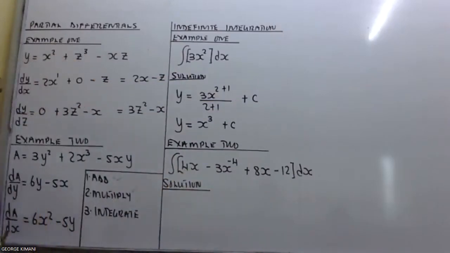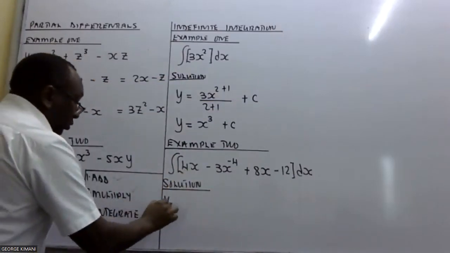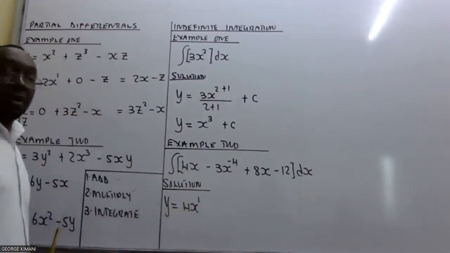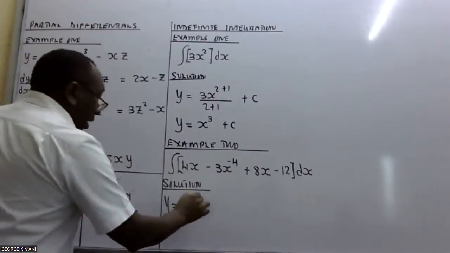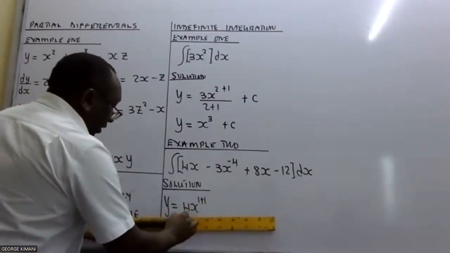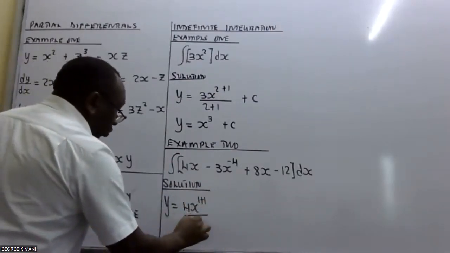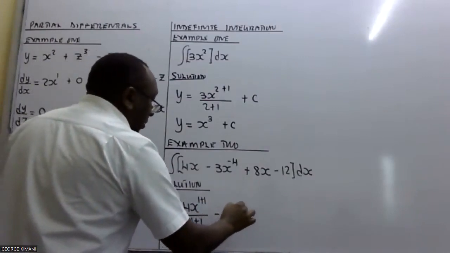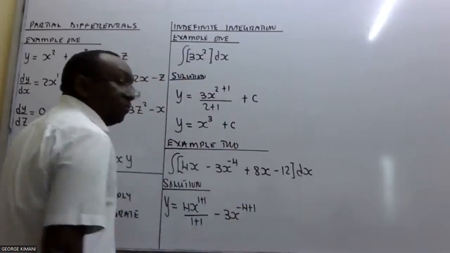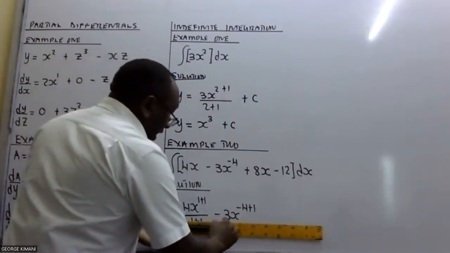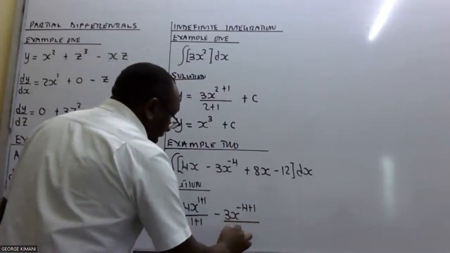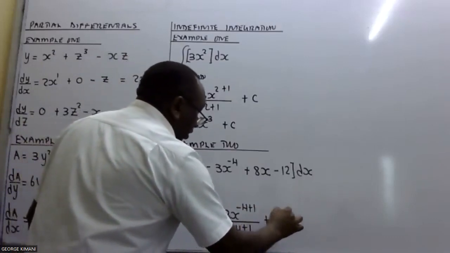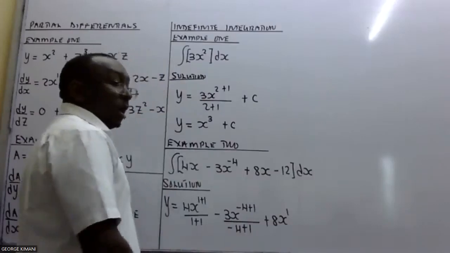The solution will be y is equal to 4x, which is currently raised to power 1. So you add back 1, you divide by the new power 1 plus 1. Minus 3x currently raised to power minus 4. You add back 1, you divide by the new power minus 4 plus 1. Plus 8x, which is currently raised to power 1.